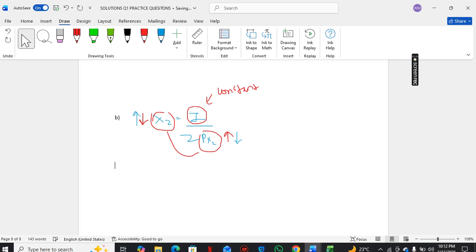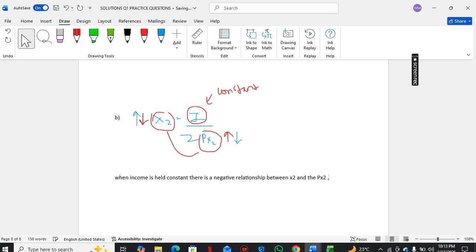where you don't need to show any calculations, when income is held constant, there is a negative relationship between x2 and the price px2.